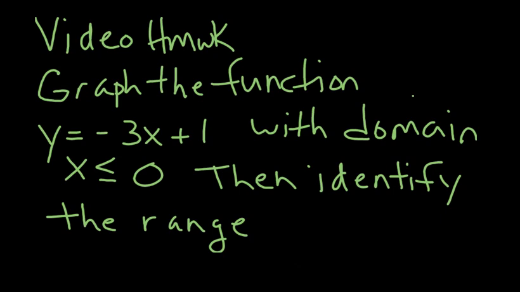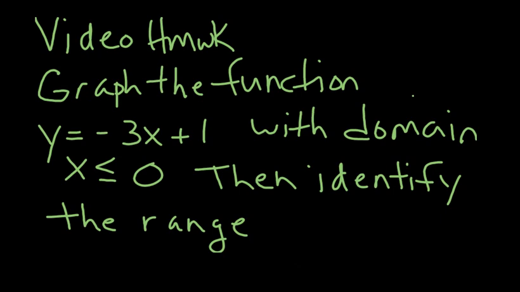Okay, here's your video homework. Let me give you a couple of hints. The first thing you need to do is make an input-output table. Make sure on your input-output table you're using x values that are less than or equal to 0. So 0, negative 1, negative 2, like that.